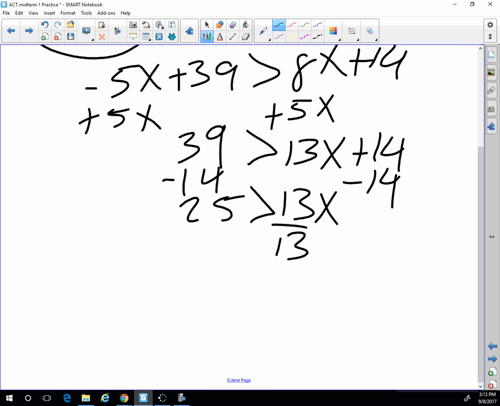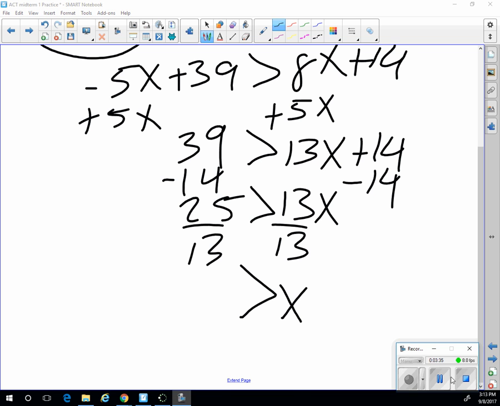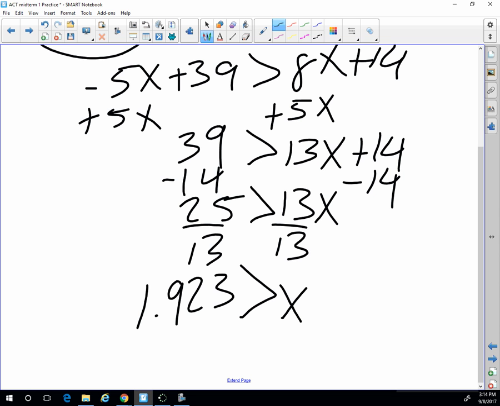We divide by 13. That says x is less than 25/13 if you read from the right to the left. So the calculator says 1.923, and if you round to the first 3, you'll just call it 1.92.